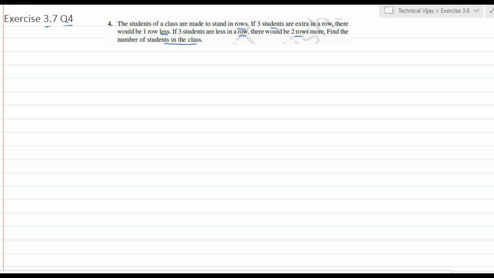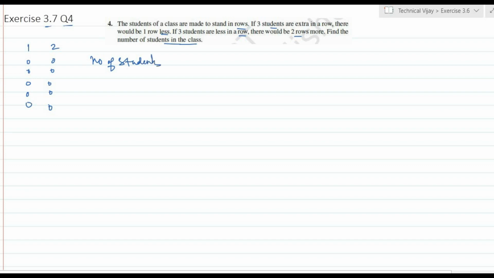Okay, so before solving this one, we will understand what a row is and how to calculate the number of students. Suppose 5 students are standing in one row. This is row number 1, this is row number 2. Here 5 students are standing in the second row. Then how are we calculating the total number of students?